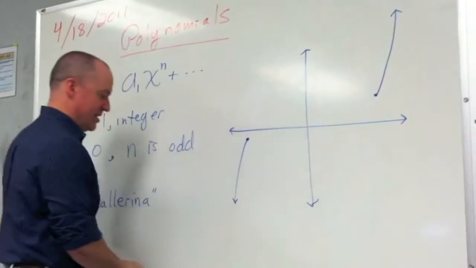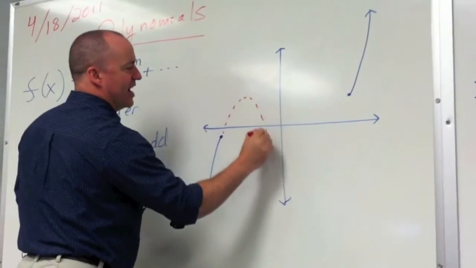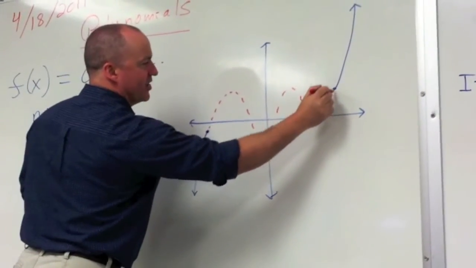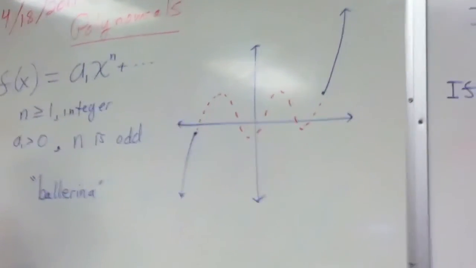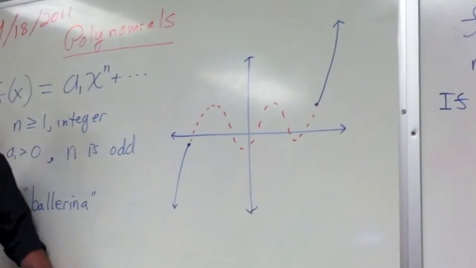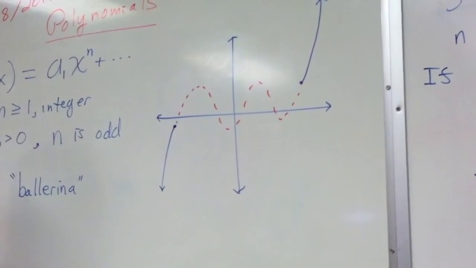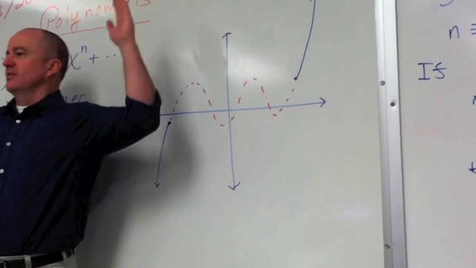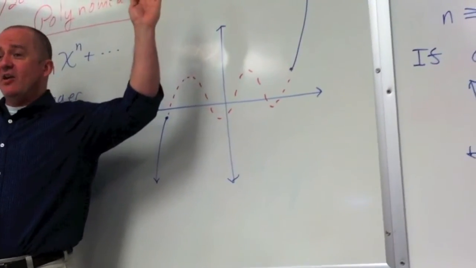Now, remember, I don't know what this dotted line could be. It could be all sorts of things. I'm just filling in one, kind of a mock thing. A cubic function will often give you this shape, because we talked about the ballerina shape with a cubic. Ballerina means, as you face me, to the left is up, to the right is down.